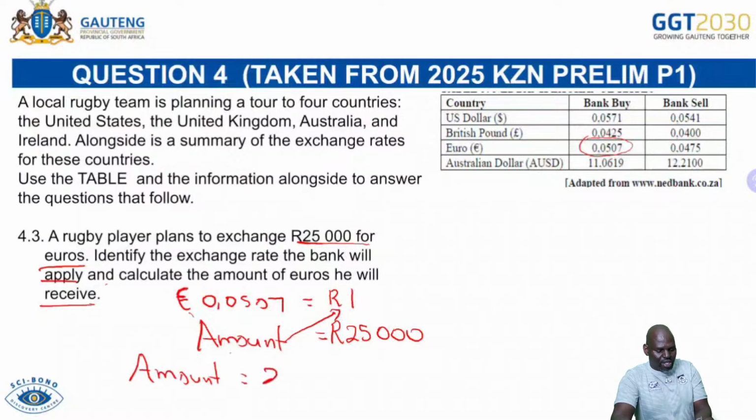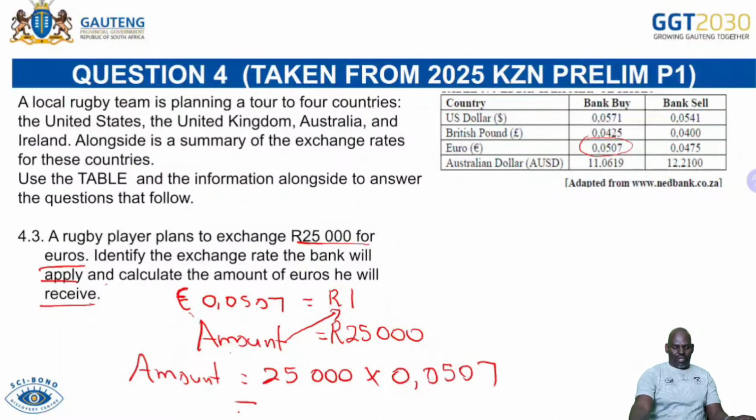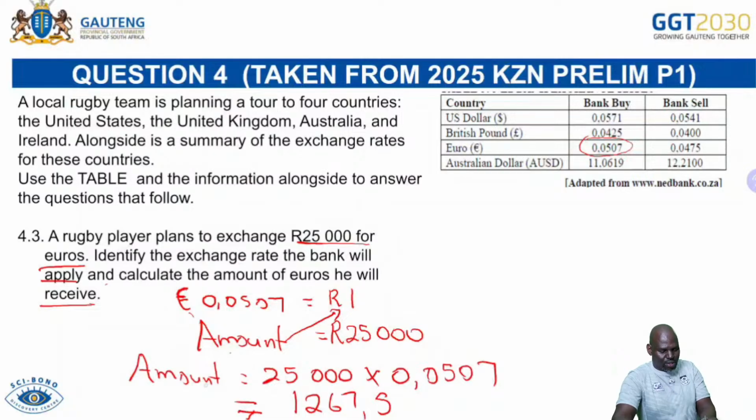Then it will be 25,000 multiplied by 0,0507. Okay, I multiply by the exchange rate. So this will be 25,000 multiplied by 0,0507. Okay, then I get 1,267.5. Okay, so the amount is in euros, 1,267.50 euros.